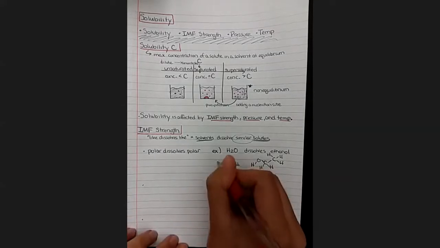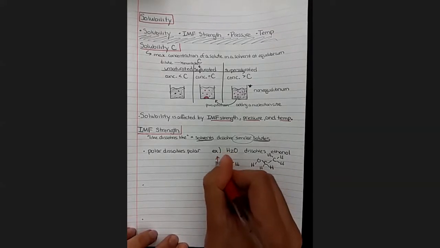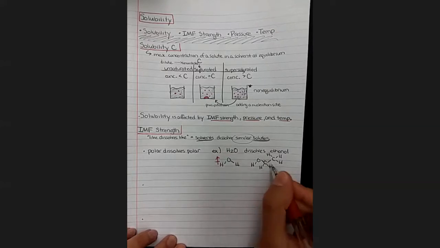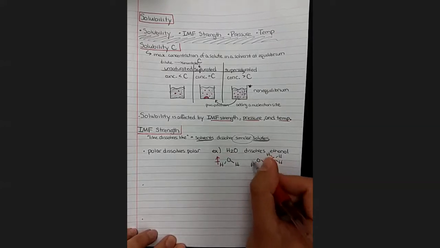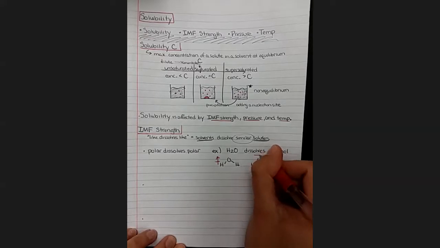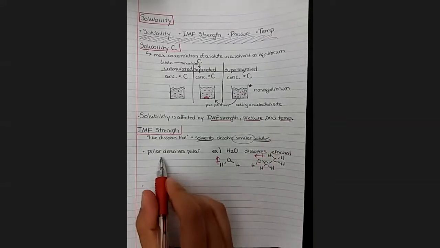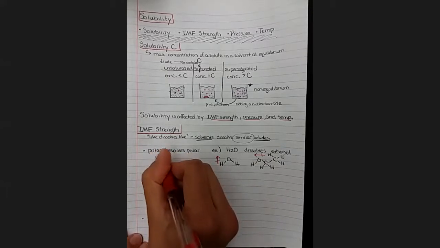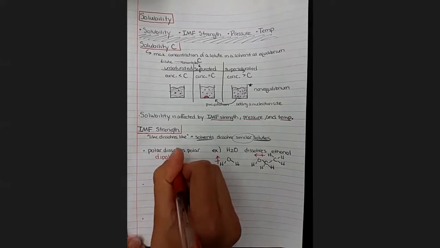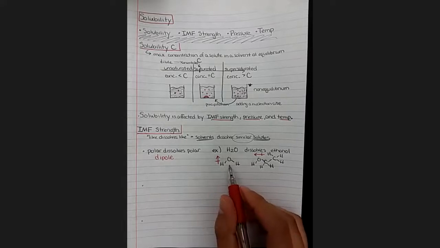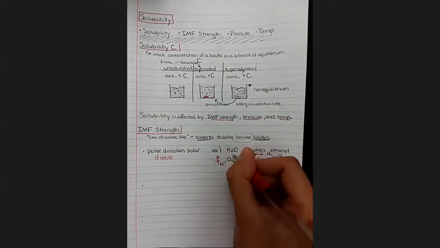There we go. Okay, so if we look at the type of forces, we know that the dipole for water is going to point in this direction, and the dipole for ethanol is going to point towards this oxygen over here on the left. So there's a pretty sizable dipole for both of these. So both of these are going to be polar. We're going to see dipole forces present. And if you notice that there's OH groups are extra strength dipole forces, hydrogen bonding.